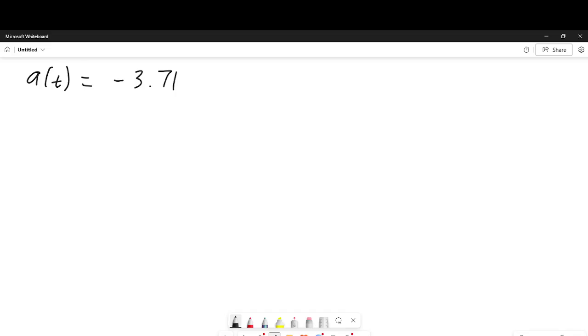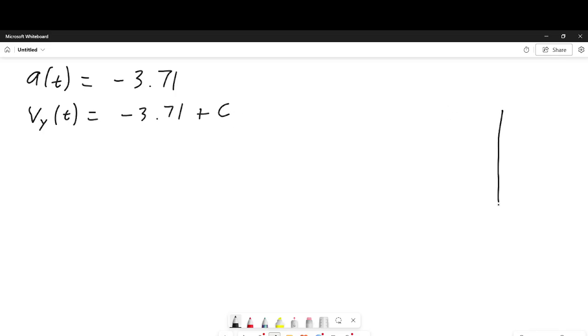And so we want to get a function for the height. Now, the acceleration is constant, so then we can get an antiderivative. The velocity, vertical velocity, v sub y, would be negative 3.71 plus a constant.